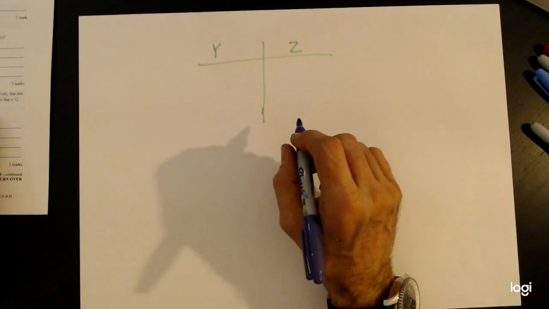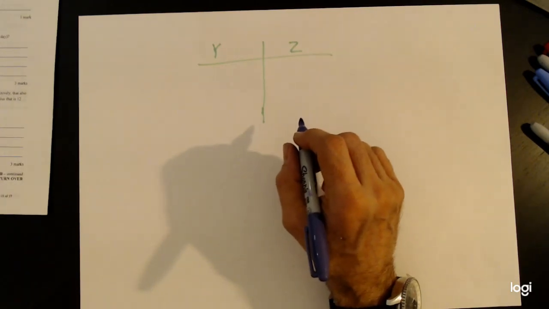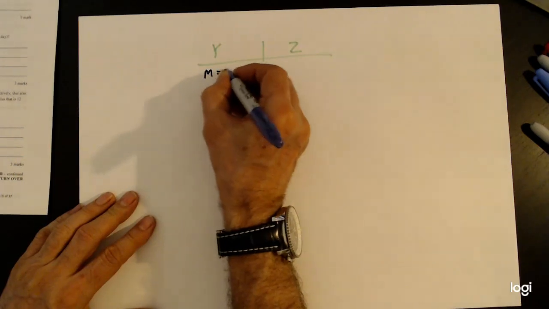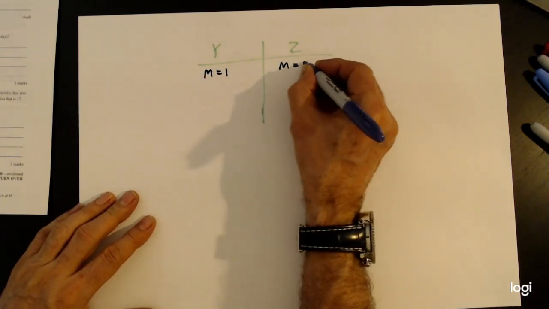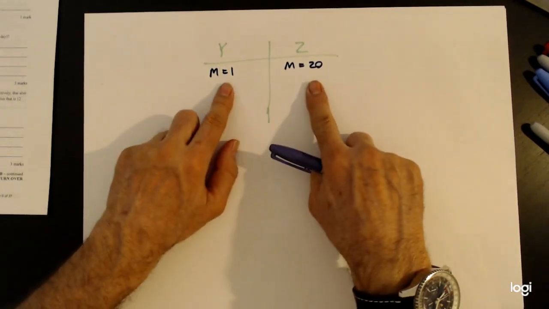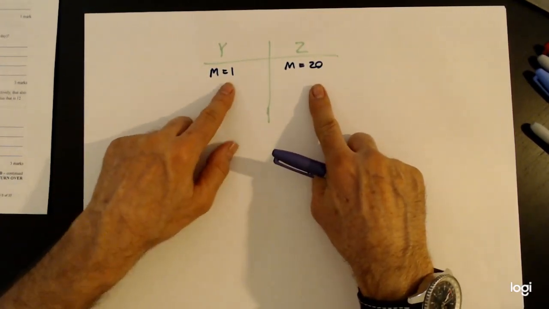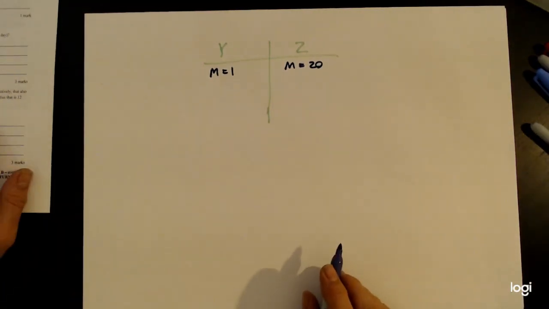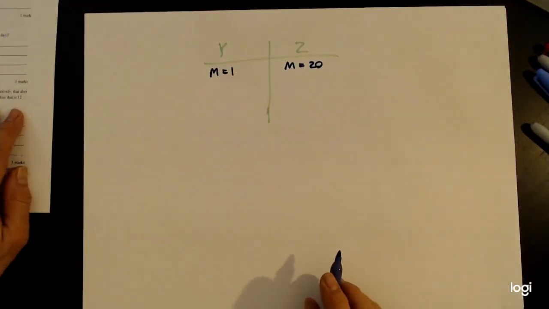Okay, so Z has a mass that's 20 times that of Y. So Y's mass is going to be 1 and Z's mass is going to be 20. It's actually good news when they don't give you the actual figures. You can just make them up, so make them simple. That's the easiest way.